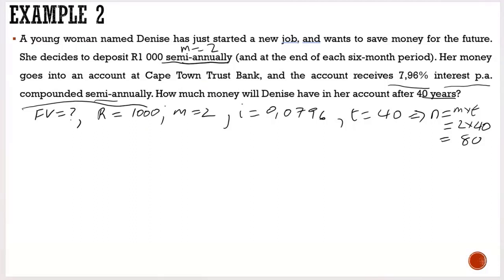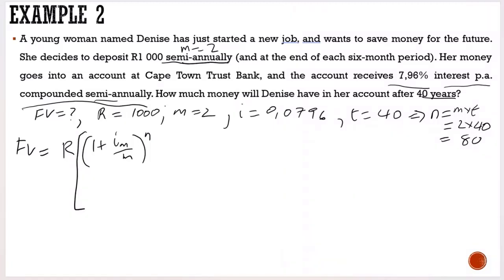The formula for the future value, for those who want to do things manually, is equal to R into 1 plus I_M over M to the power N.